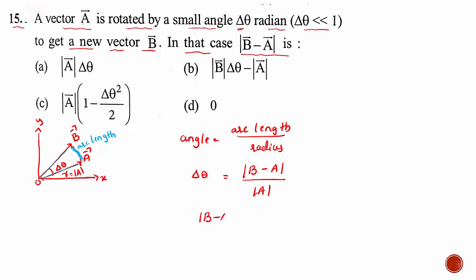So this equation can be written as mod of B minus A is equal to mod A into delta theta. So option A is the right answer.